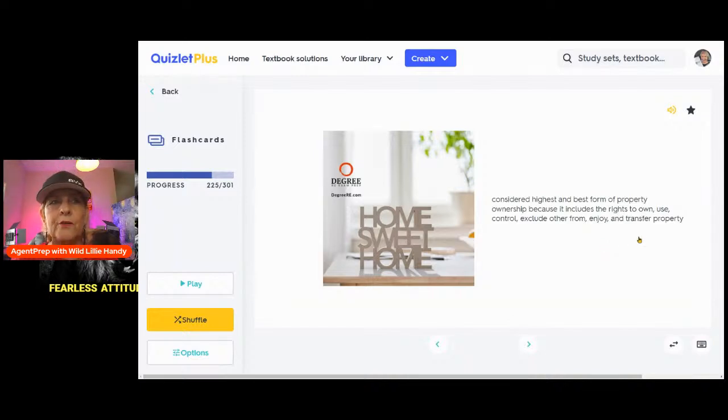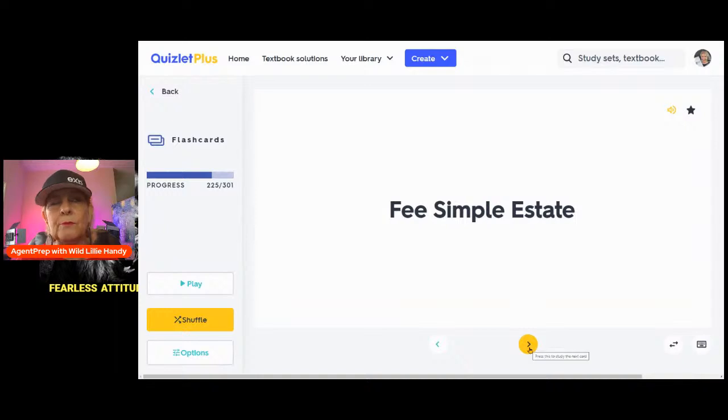So you can transfer it to a bank by getting a loan. You can transfer it to someone else. Now, of course, we never own it 100% because we have to pay property taxes, except for a 100% disabled veteran.